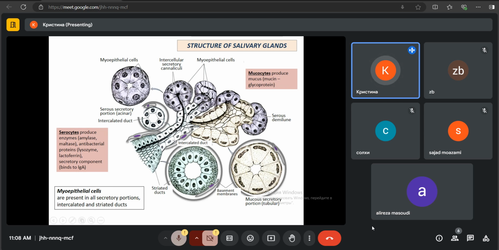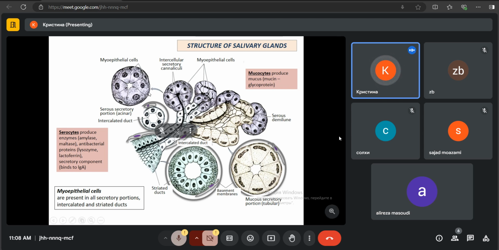The myoepithelial cells are present in all secretory portions and also in the ducts, intercalated and striated ducts, the first two kinds of ducts. Myoepithelial cells have long processes which hug the excretory ducts and secretory portions from outside.